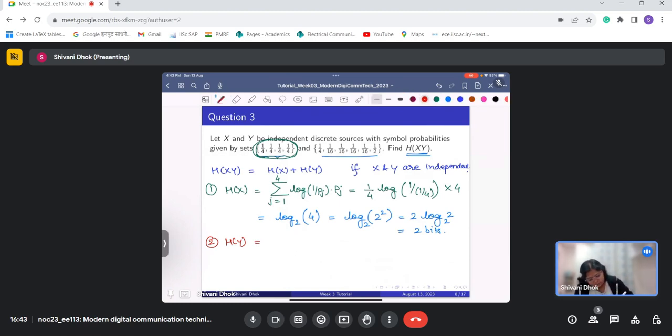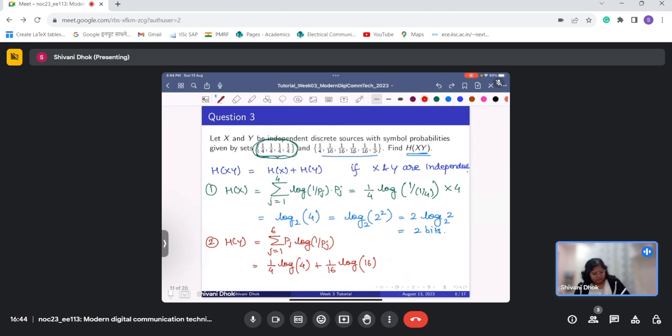Here I have 1 2 3 4 5 6, so this will be summation j equal to 1 to 6 of pj log of 1 by pj, and this comes out to be 1 by 4 into log of 1 upon 1 by 4, which is 4, plus 1 by 16 into log of 1 upon 1 by 16, so this is 16.